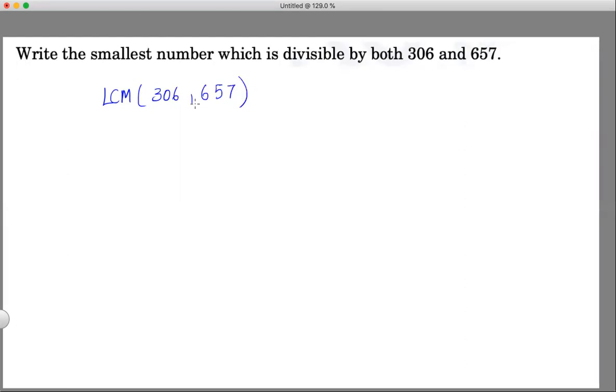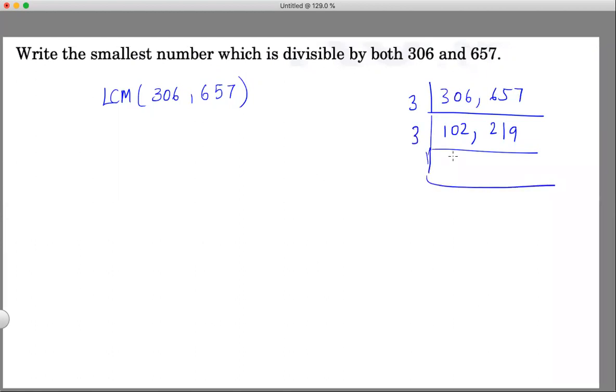Okay. Now this we will have to do with slightly bigger numbers. 3 is the smallest prime number we can use. 3 again. 3, 3, and there is no common factor left, right? So we have to multiply these.